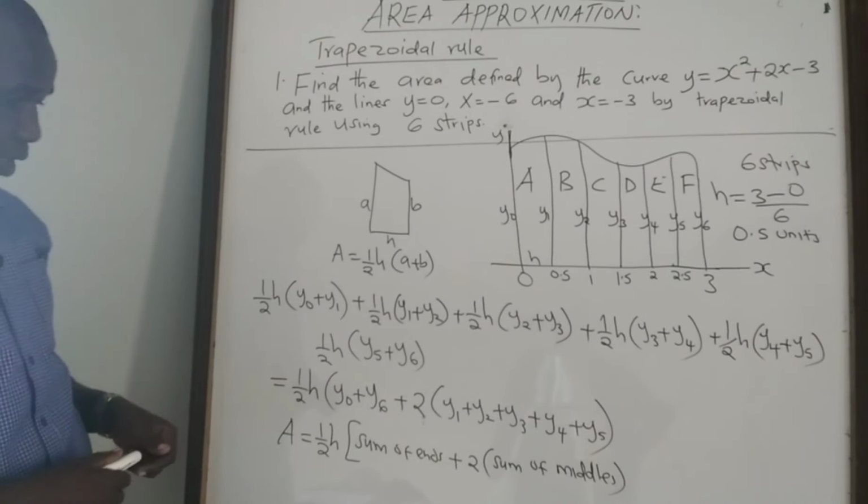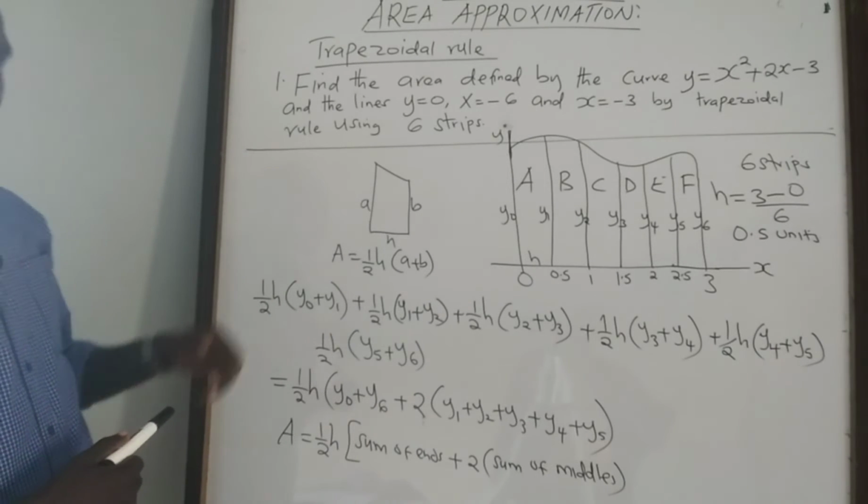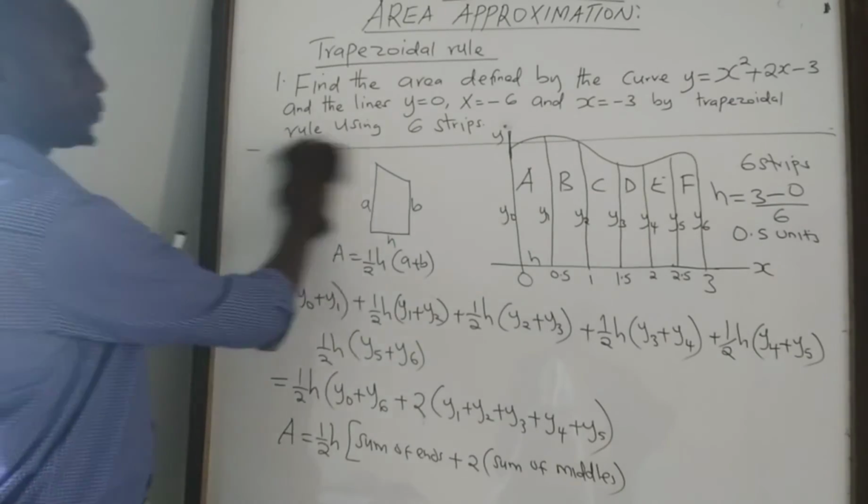And by so doing, you'll have gotten the area of that particular region, which will be in square units. For us to understand how this formula is applied, let us go through the question that is on the board.